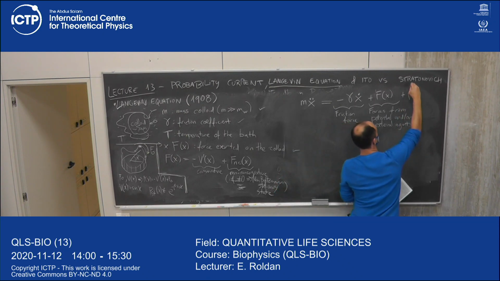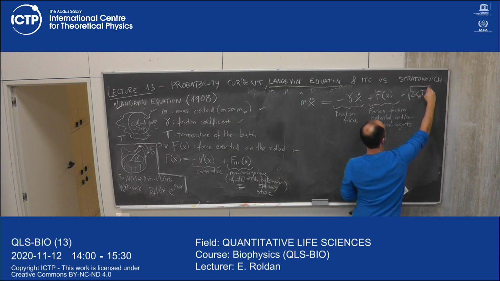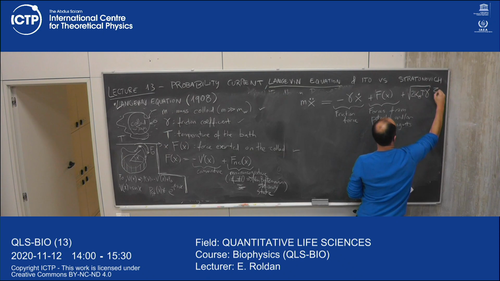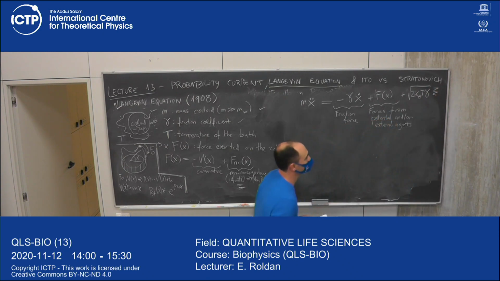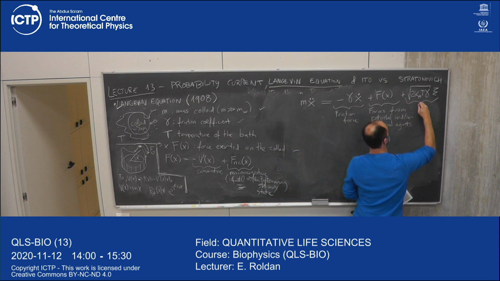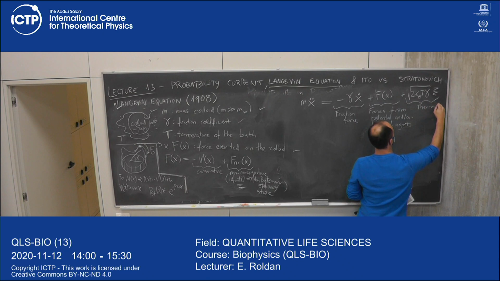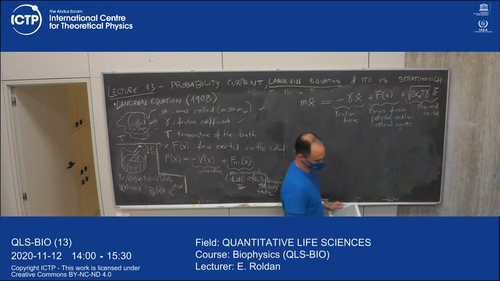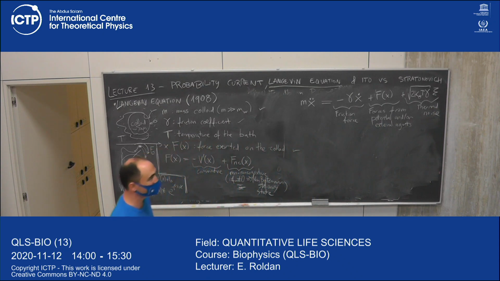The way it comes is like this: square root of 2 m T gamma times noise. This is the thermal noise.